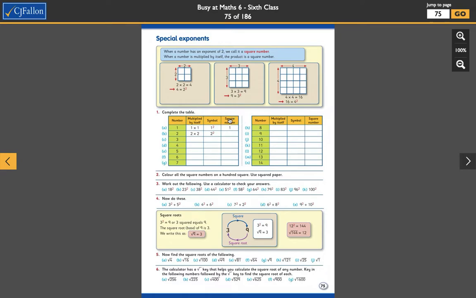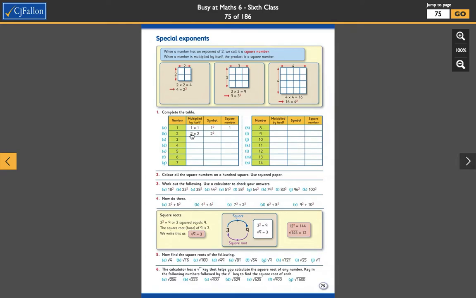The reason we call it a square number is because if you think of these squares in your copy, you're going down one square, you're going across one square, so that's creating a square. Here it's 2 by 2. You're going down 2 squares, you're going across 2 squares. Another way to write it is this exponent, 2 to the power of 2, because that's what you're doing here.